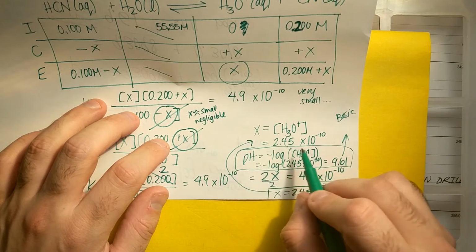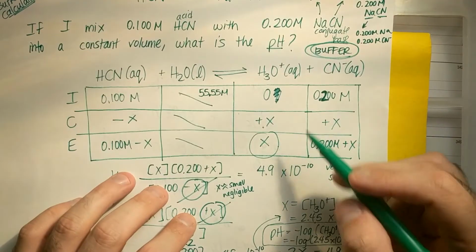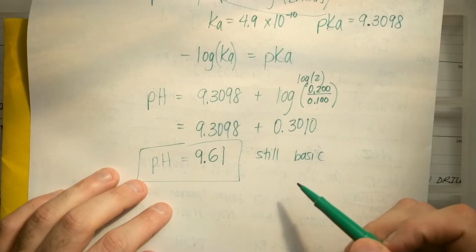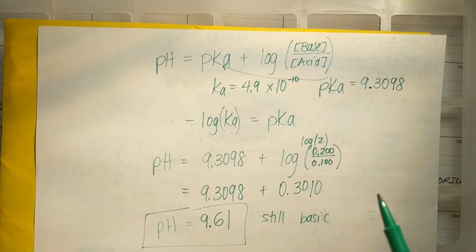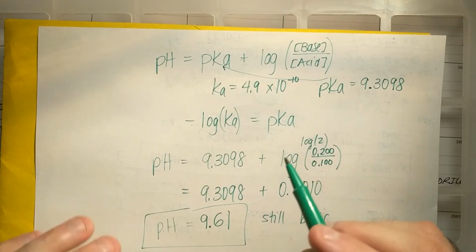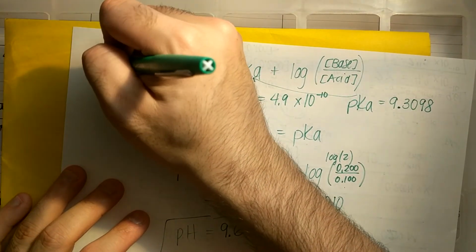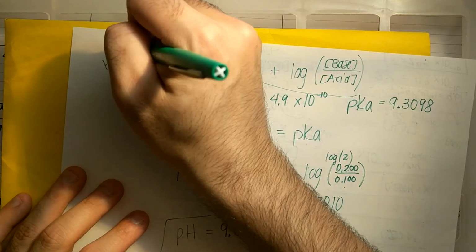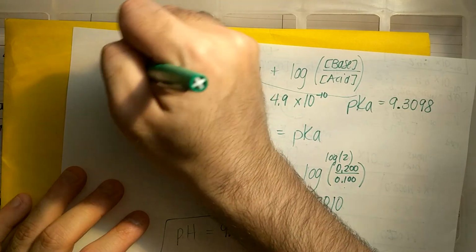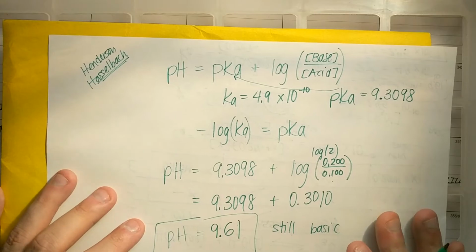Look at this. Our pH is the same if I use the ice table or if I use this fancy equation. So if you're ever given an acid and its conjugate base, do you have to use an ice table? No, you could use this lovely equation known as the Henderson-Hasselbalch equation. And it's given to you on the AP Chem exam.